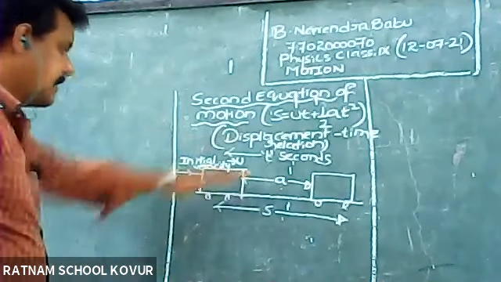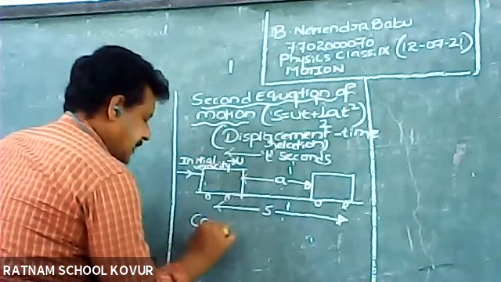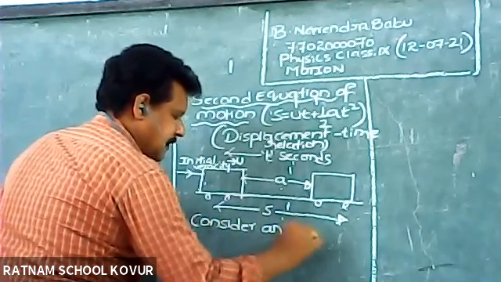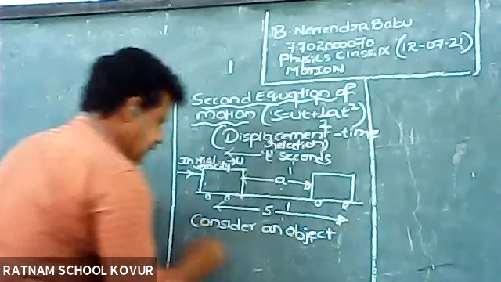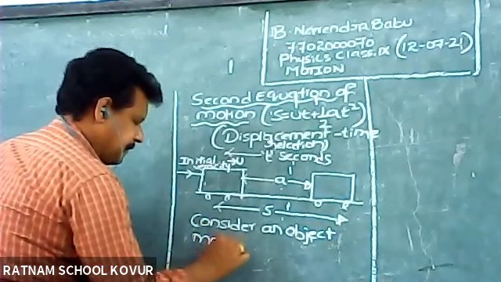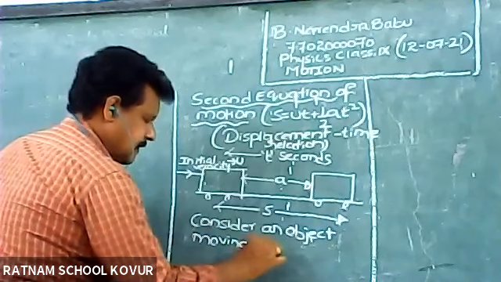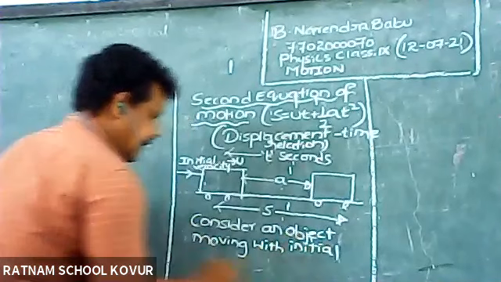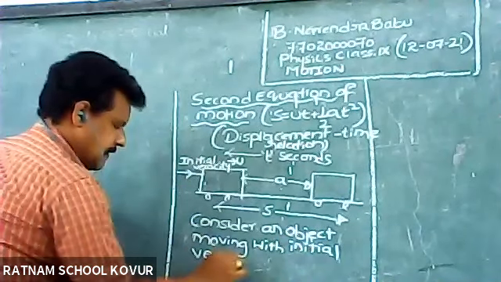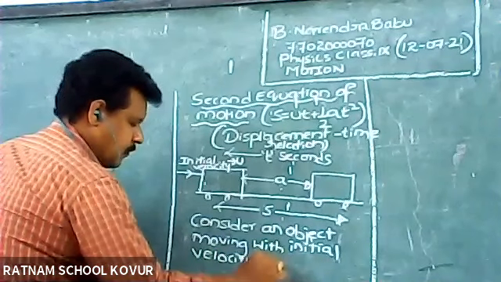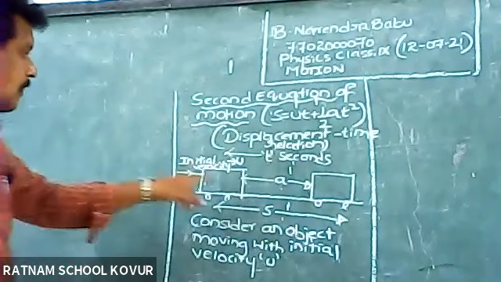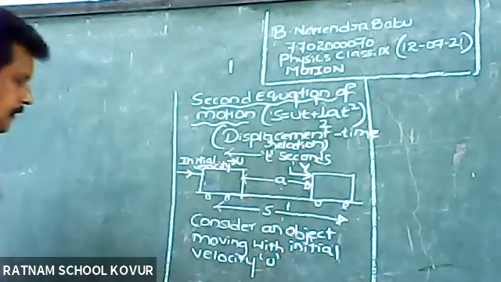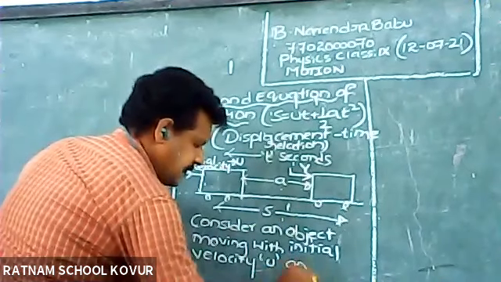So let me write in a sentence. Consider an object moving with initial velocity u. After time t seconds, let its final velocity be v.